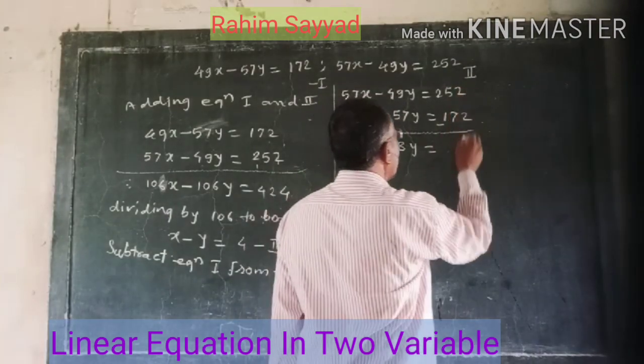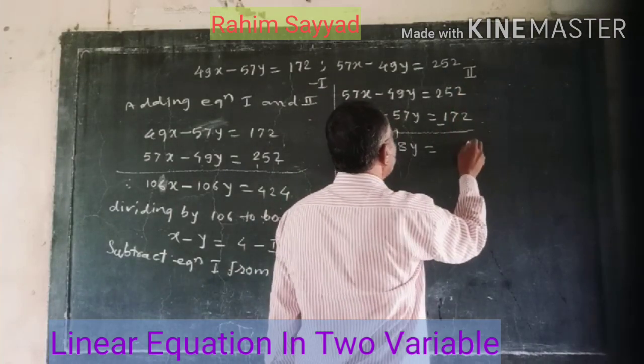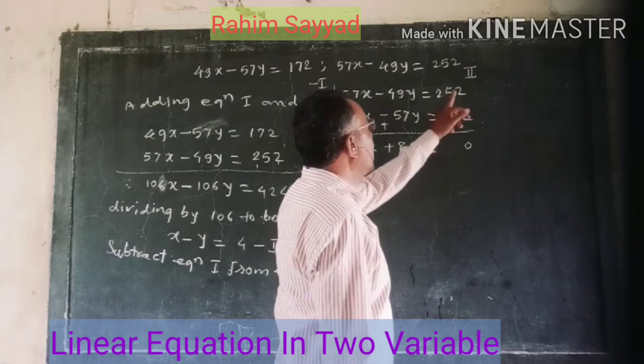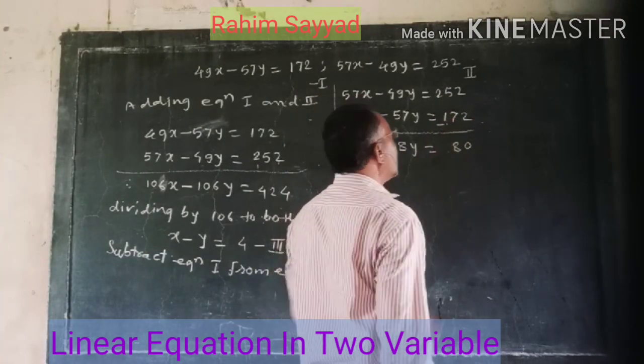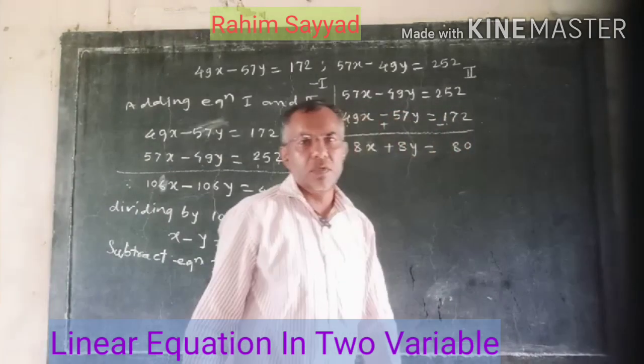That is here 2 minus 2, 0. 15 minus 7, that is 8. Carry on 1. 2 minus 2, that is equal to 0.